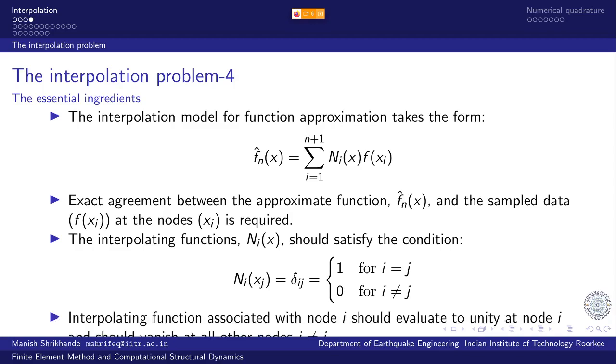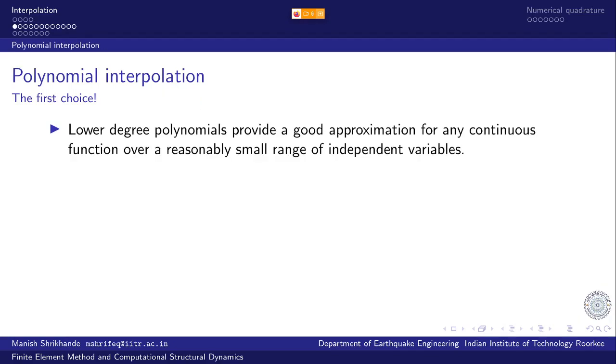If I speak it out in so many words, the interpolating function associated with node i should evaluate to unity at node i and should vanish at all other nodes j not equal to i. So that is the basic requirement of polynomial interpolation.